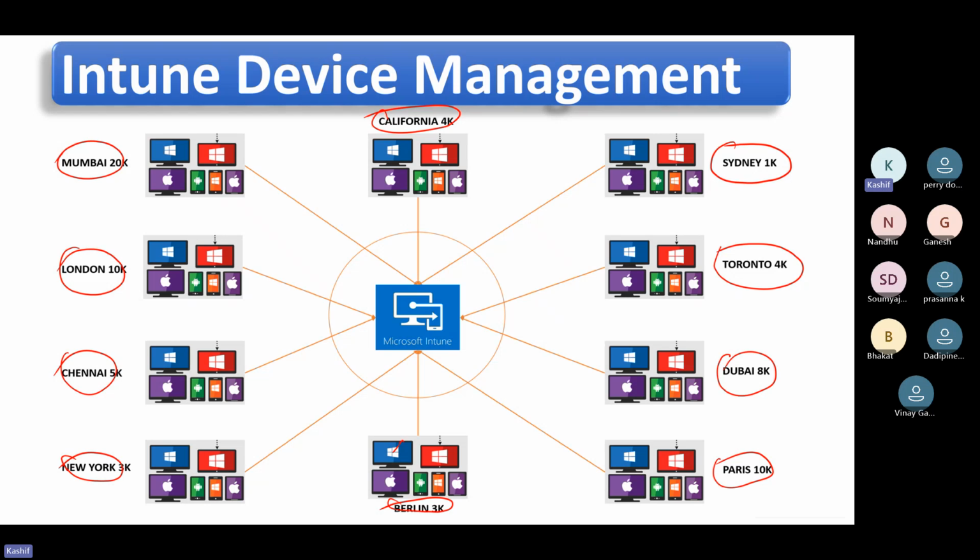Let's say your organization is HCL or Infosys or Amazon, and you would like to manage devices of all the employees in your organization. Let's assume that you have 100,000 employees. 100,000 employees will be using computers or mobile devices, right?